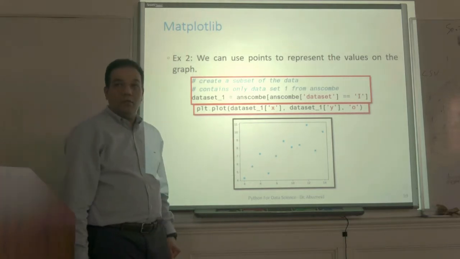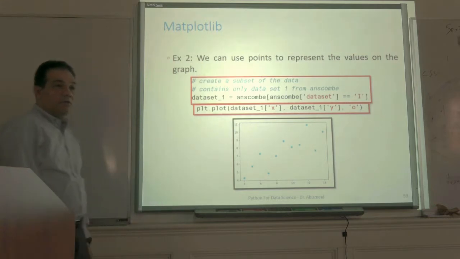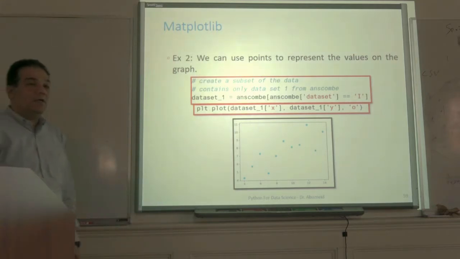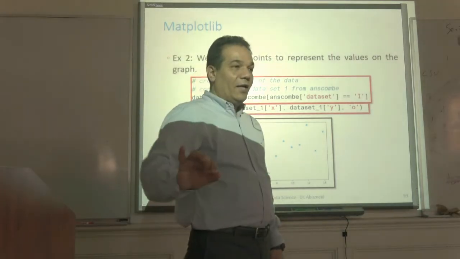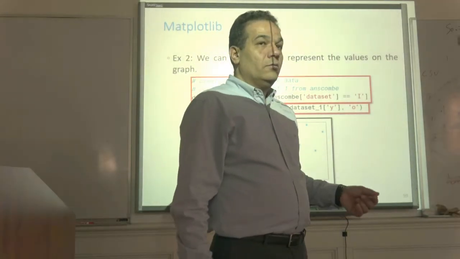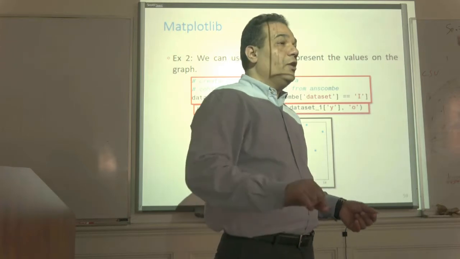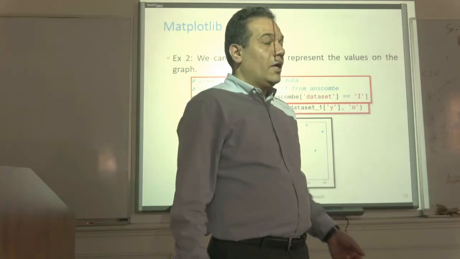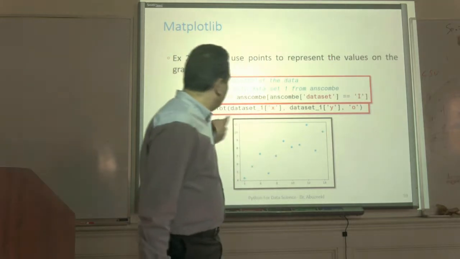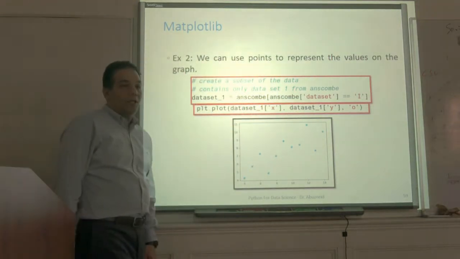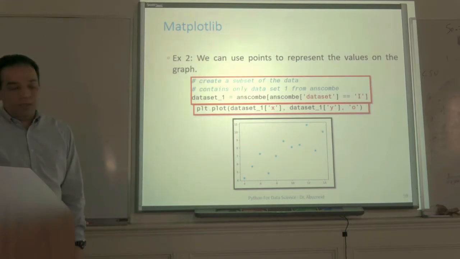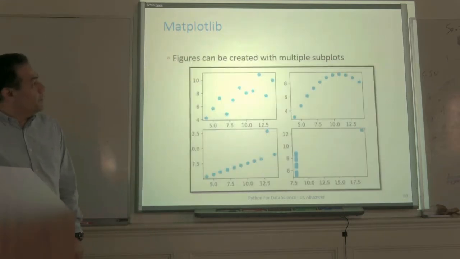One line. All right. So basically, if you have data, forget about this data, which has x values and y values, put the x values in one list and the y values in another list and call this: put the first list in here, the second list in here, and you'll be able to plot it very simply. Figures can be created with multiple subplots.